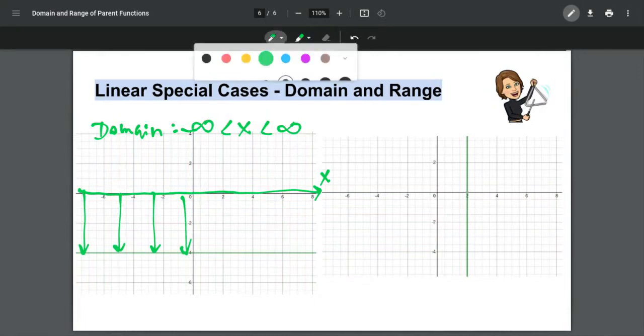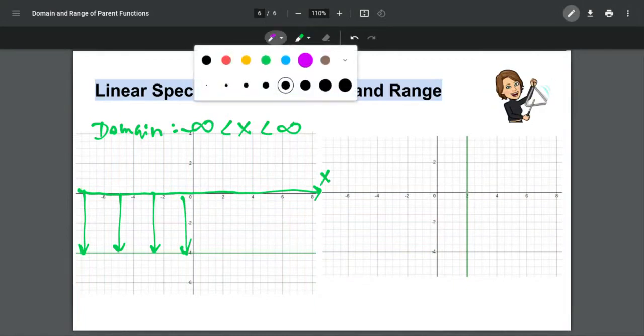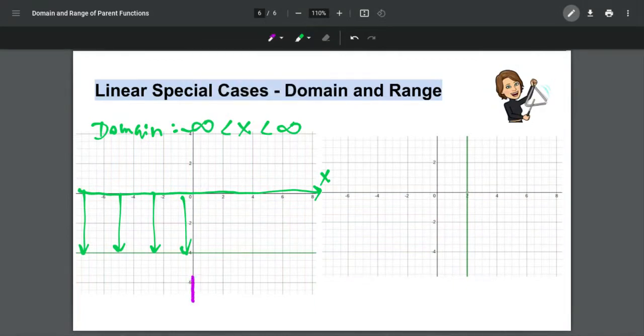Let's now look at the range. Boom. We are down here on the y-axis, left and right, left and right. Oh, wait a minute. Nothing, left and right, nothing. There we go. I ran into some sort of value, and then there's a lot. And then there's nothing again, like nothing at all.